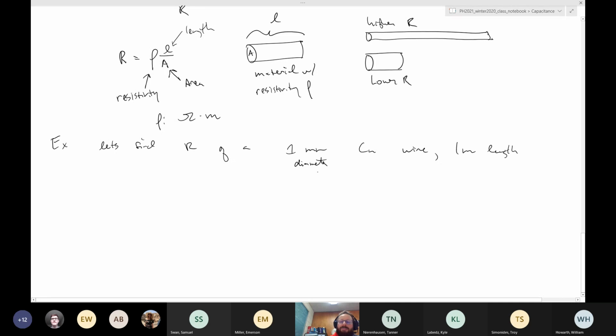Copper has a resistivity of 1.68 times 10 to the minus 8 ohms times meters, according to your text. So pretty simple. We just multiply this stuff together.